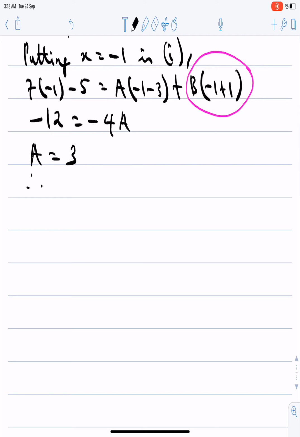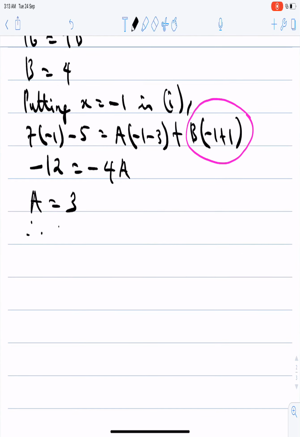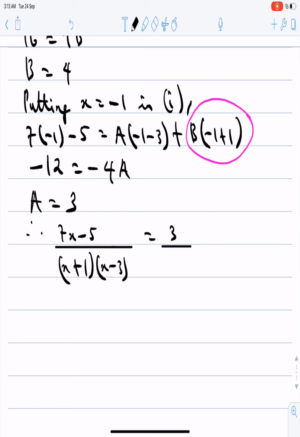Therefore, the compound fraction 7x minus 5 over x plus 1 times x minus 3 is the same as 3 over x plus 1 plus 4 over x minus 3.